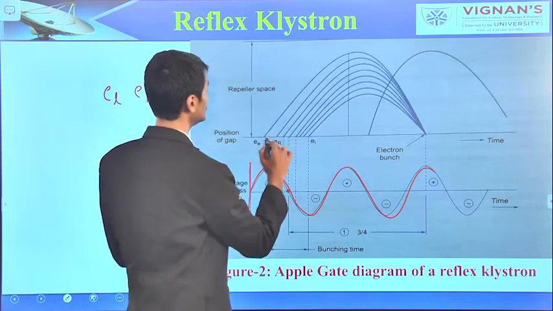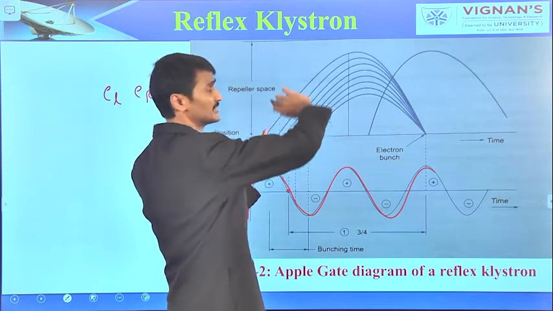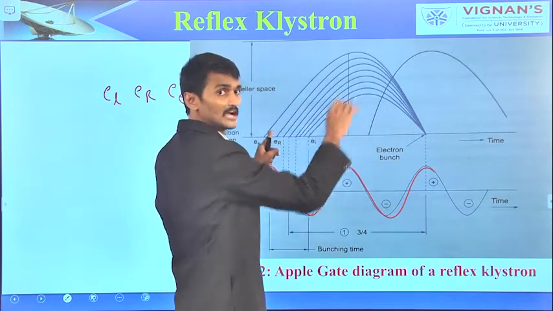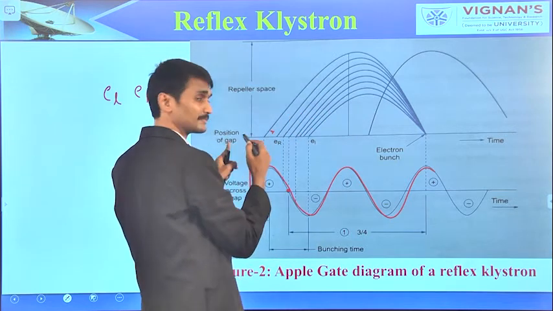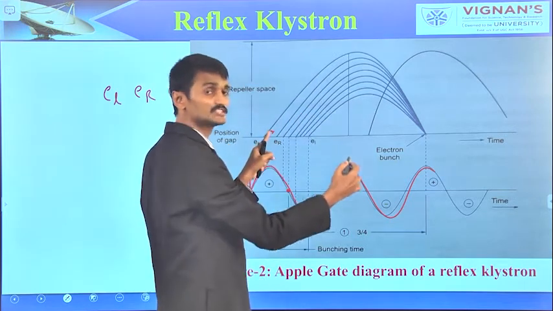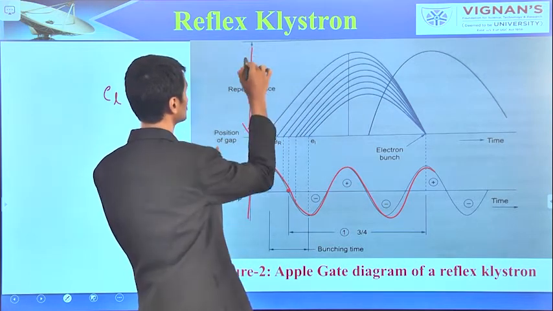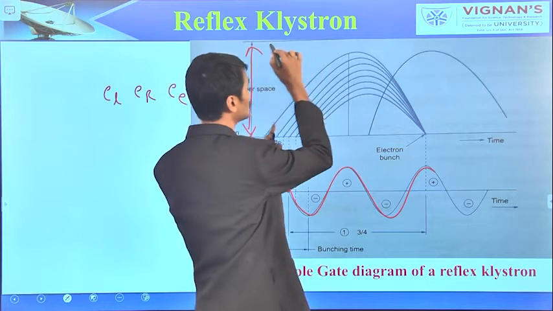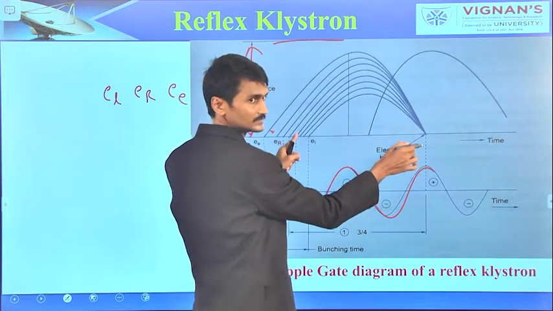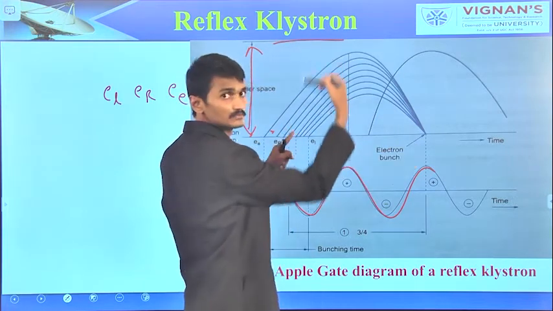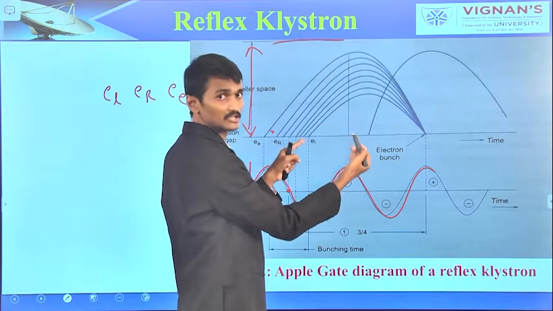As I already mentioned, after the gap the electrons travel towards the repeller electrode. This is the repeller space. They travel towards the repeller and return back because of the negative force, since electrons are always negative.